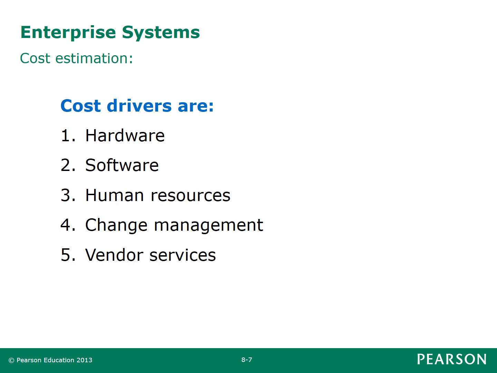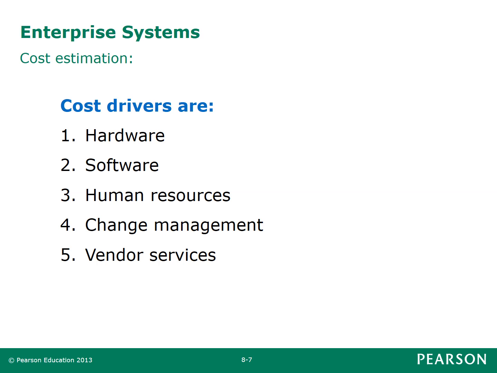So it is very important for decision making to introduce an ERP system to calculate the cost of the system. It's not just hardware and software, but it's more than this.